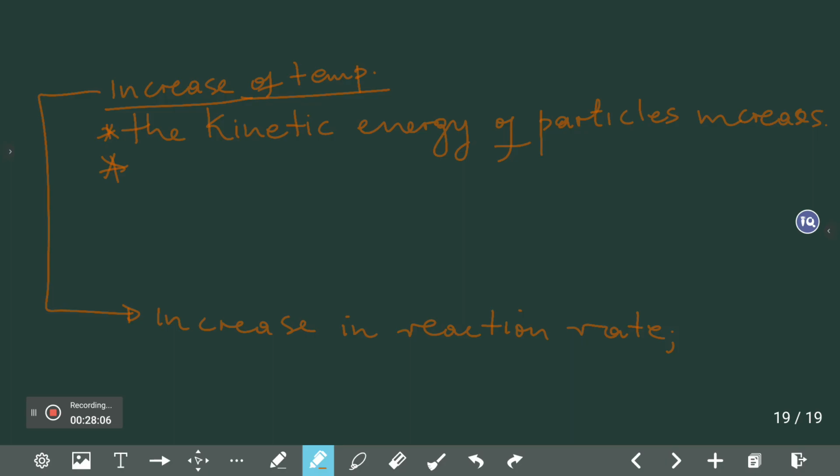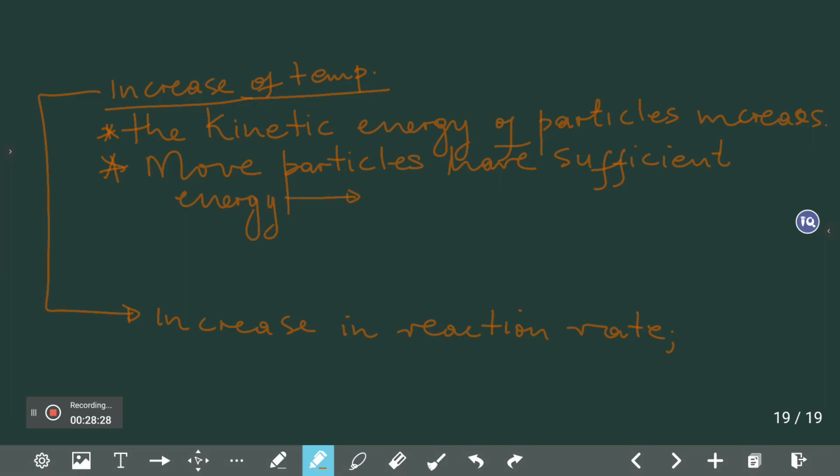This means that you have more particles with effective collisions.